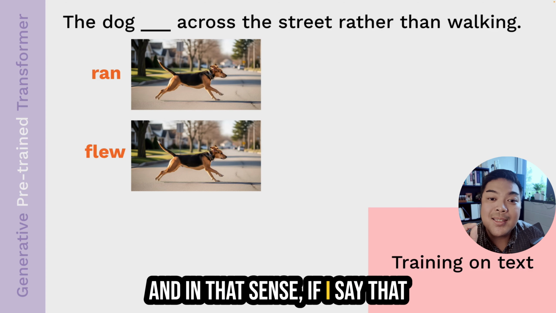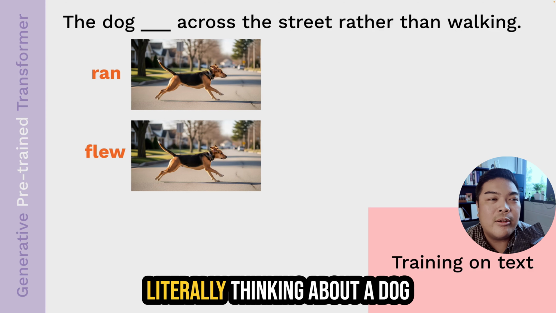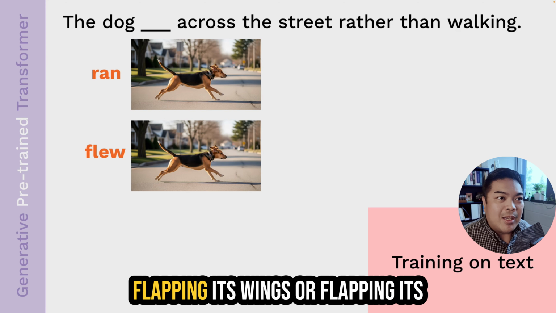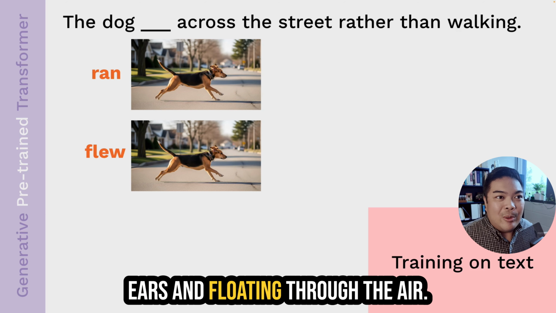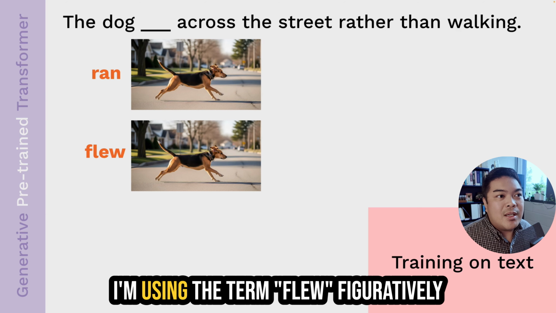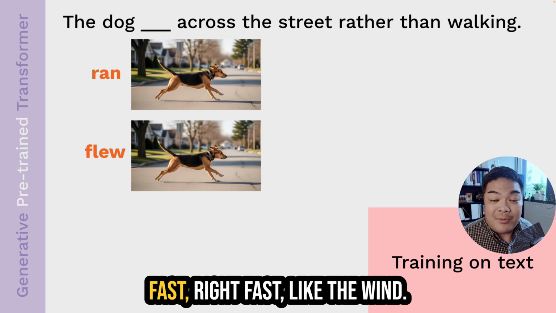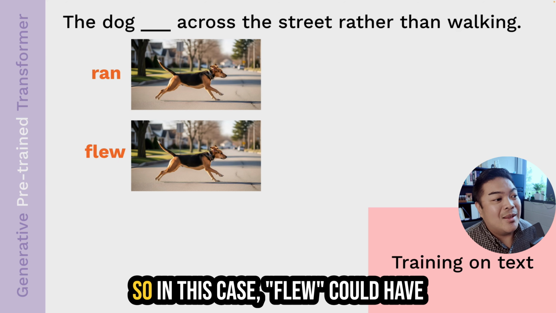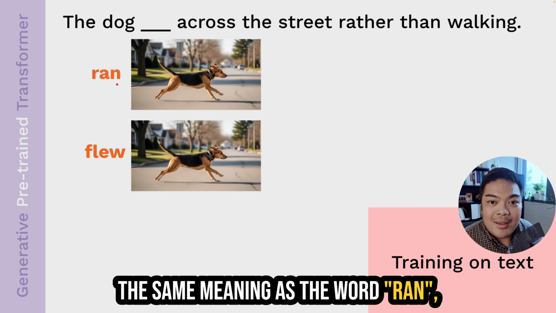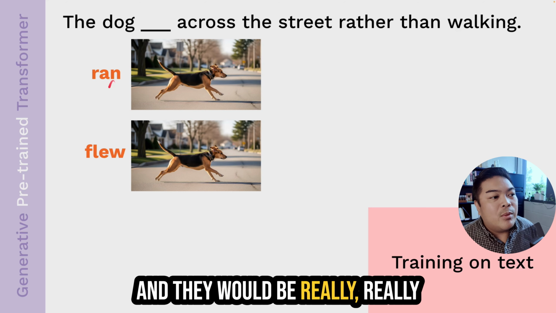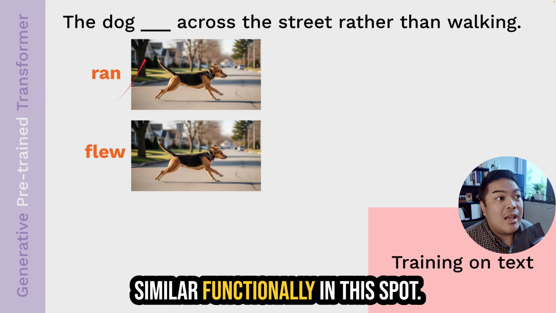In that sense, you're not literally thinking about a dog flapping its wings or flapping its ears and floating through the air. I'm using the term flew figuratively to mean that that dog was moving fast, right? Fast like the wind. So in this case, flew could have the same meaning as the word ran, and they would be really similar functionally in this spot.